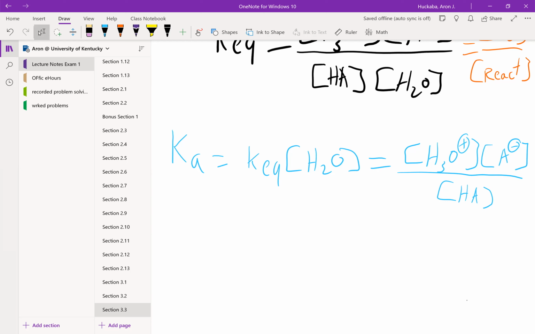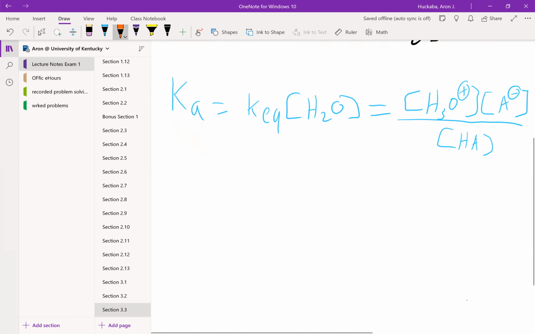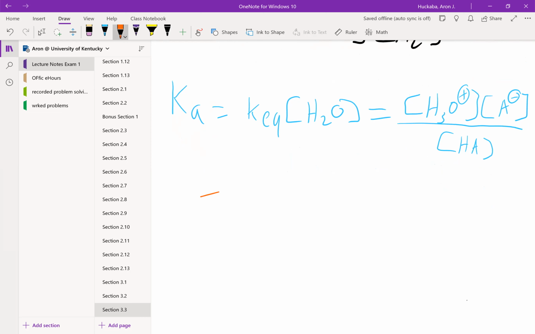So instead of using a normal linear scale, we're going to use a logarithmic scale, which means that we're going to take the negative log of Ka. And if we do that, we're going to end up getting the pKa.